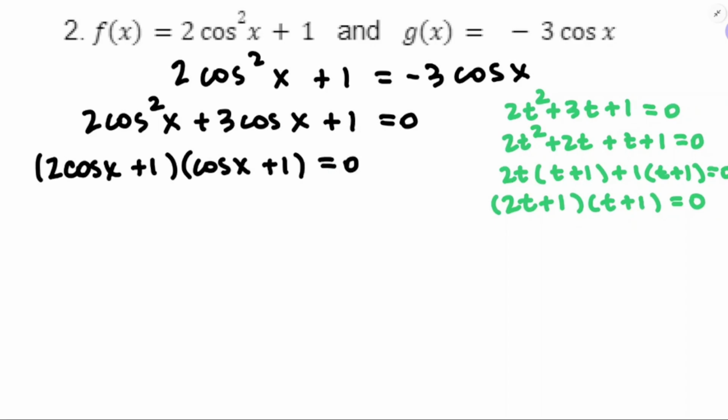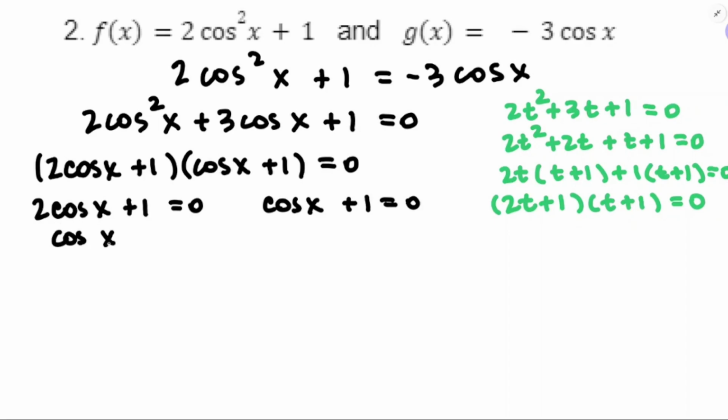And so one of these factors has to equal 0. Either 2 cosine of x plus 1 equals 0, or cosine of x plus 1 equals 0. And then we just start solving these equations separately. Let's see, that'll be -1, and then we're going to go to a circle.